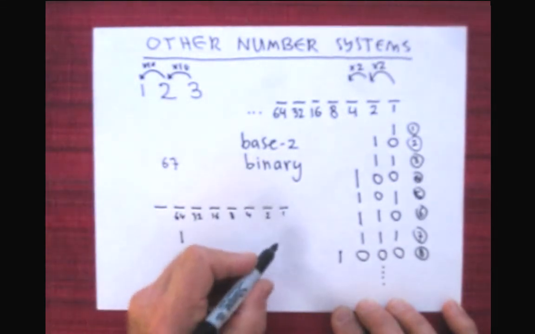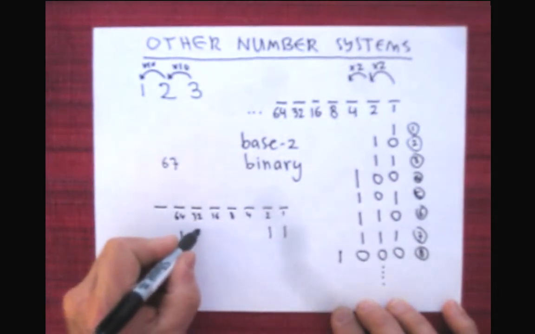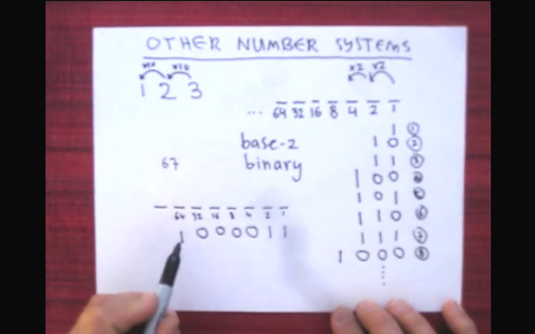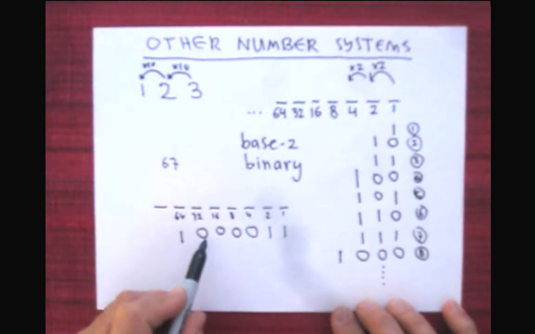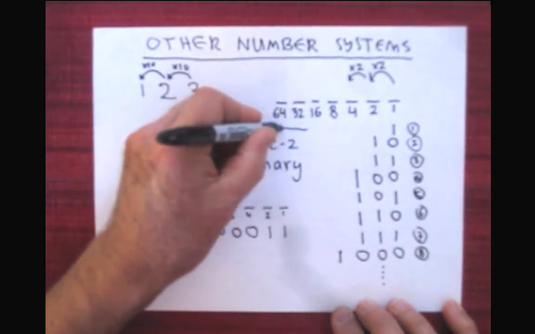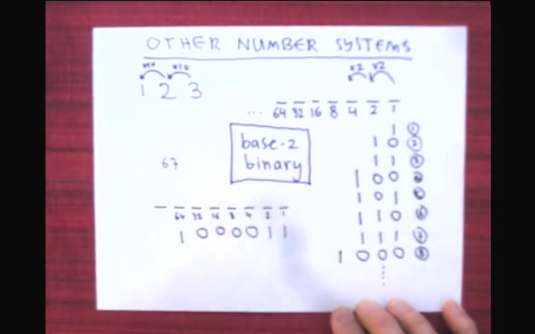I have to make a 3. So a 3 I can make out of a 2 and a 1. And then 0, 0, 0, 0. So my age in the computer is 1, 0, 0, 0, 0, 1, 1. See if you can write down your age in binary. That's how computers work.